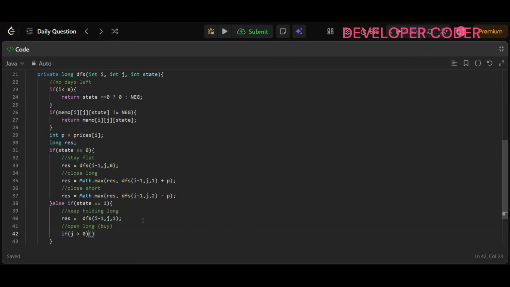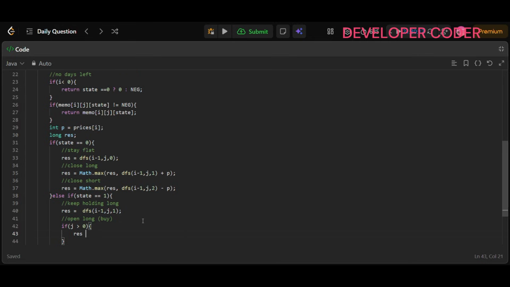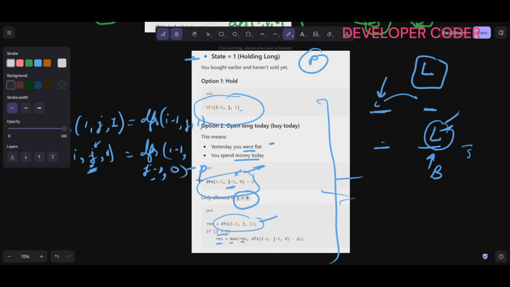If this is true, then your result is going to be Math.max of result until now, or dfs of i minus 1, j minus 1, comma 0, and since you are buying, you are giving away the money, so minus p. That's it. So Math.max of result, dfs of i minus 1, j minus 1, comma 0, minus p. Here, this is already clear.